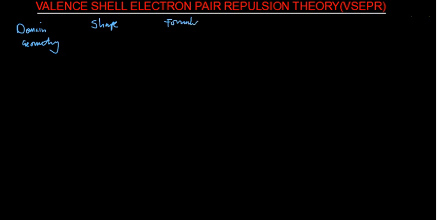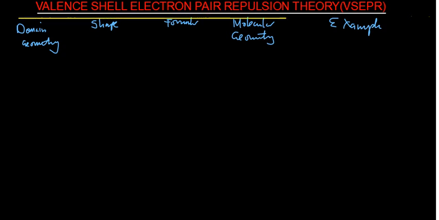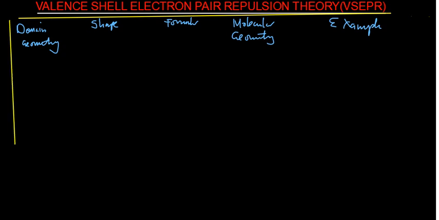We can have another column for molecular geometry, and also an example at the end, an example we can apply on those. Let me make it in the form of a table so that it looks much smarter and cleaner.